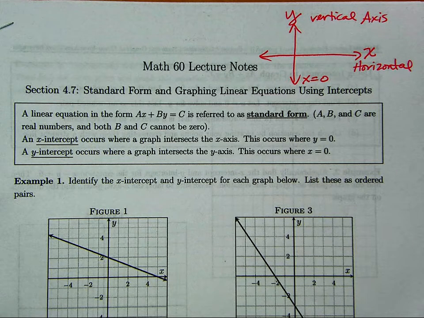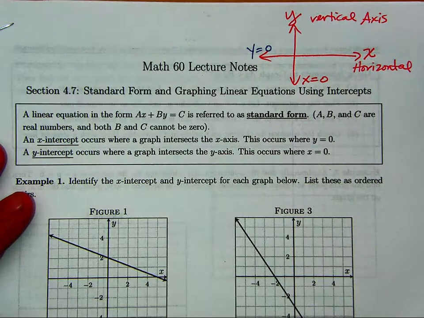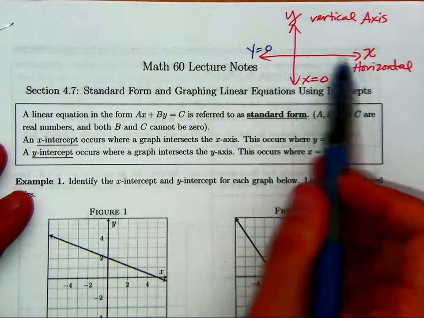That's the equation of that line, okay? The y-axis has another name. It's x equals 0. What is the equation of the x-axis? Yes, y equals 0. Y equals 0 is a horizontal line, and all along the x-axis, y equals 0.